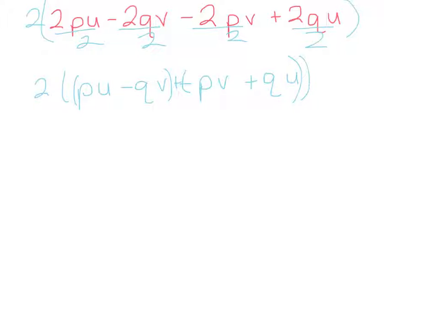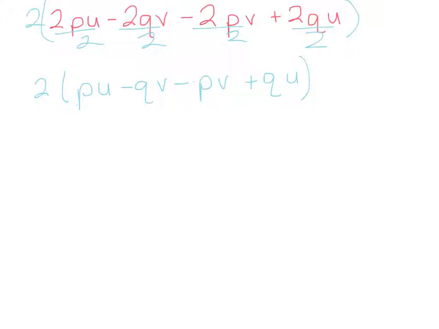So, what we want to do is change the order around before we group it. And remember, you can change the order of addition. Just make sure if it has a negative sign, the negative sign moves with it.